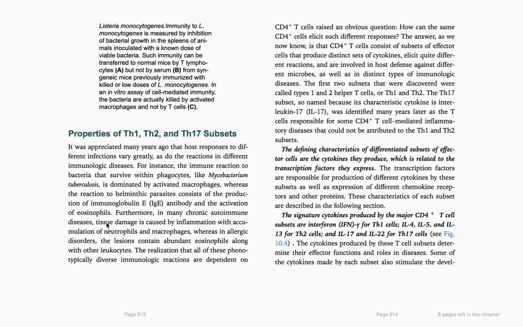Furthermore, in many chronic autoimmune diseases, tissue damage is caused by inflammation with accumulation of neutrophils and macrophages, whereas in allergic disorders, the lesions contain abundant eosinophils along with other leukocytes.